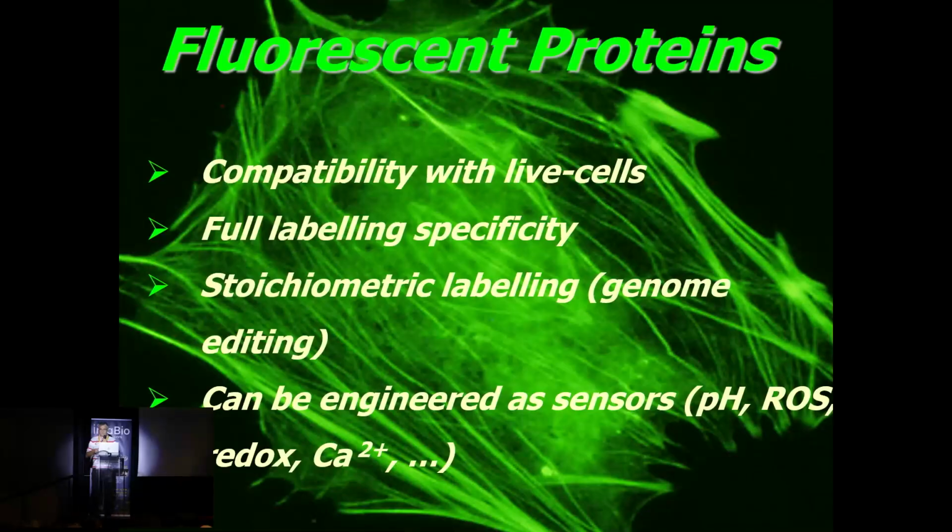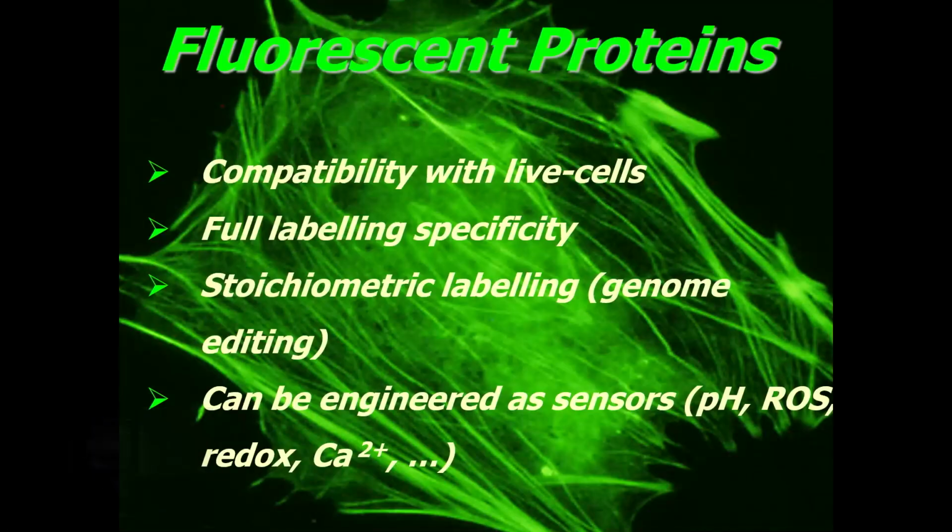Stoichiometric labeling: you get one target, one fluorophore, and that's super nice when you want to do quantitative measurements. And finally, a lot has been done to engineer fluorescent proteins as sensors. They can sense pH, reactive oxygen species, the redox state of the cell, calcium, and many others. So they are super useful for sensing.